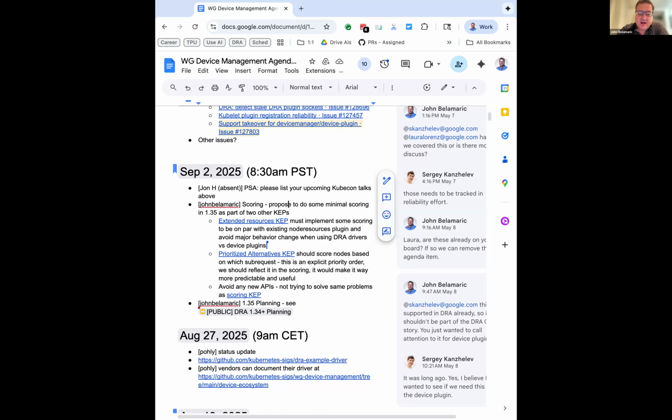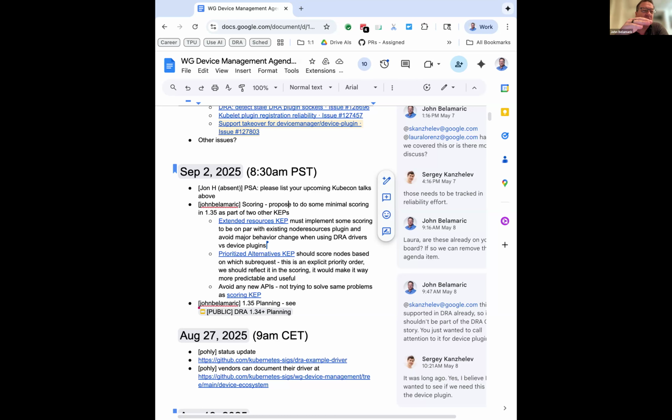And as part of that, one of the big issues we have with the prioritized alternatives KEP is the same thing, that it makes the decision purely on a node local basis. It's supposed to be a prioritized list. If you can't get me this, get me this. If you can't get me that, get me the next thing. And it does that, but it does it purely on a node level. I'd like that ordering to be factored into the scoring as well.